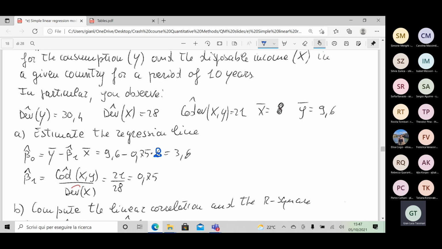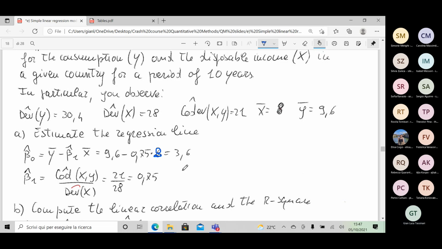Which is beta 0 hat? Is this one. What is the meaning of beta 0 hat in this case? Beta 0 hat is the estimate of the intercept, so it is the intercept of our estimated straight line. So it is the average or expected level of consumption in the period considered, in the case the disposable income is equal to 0.